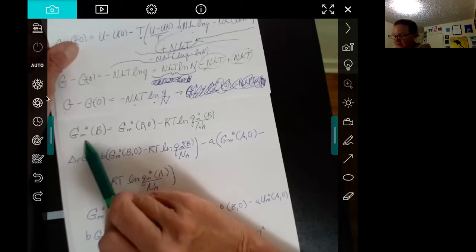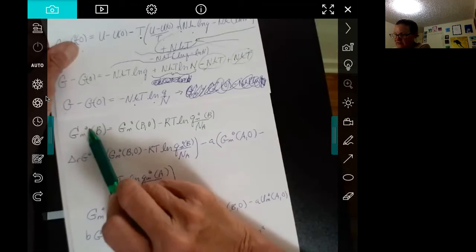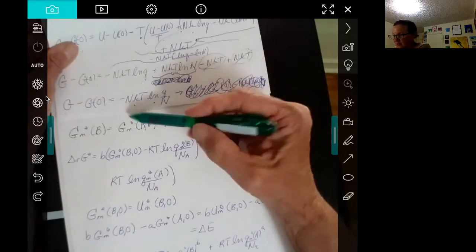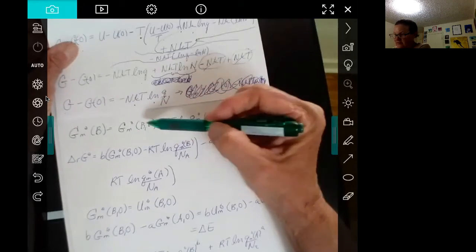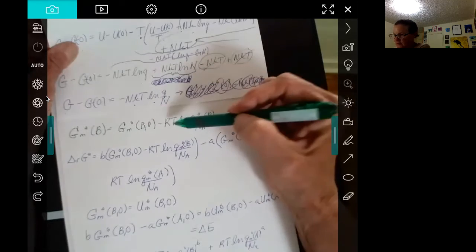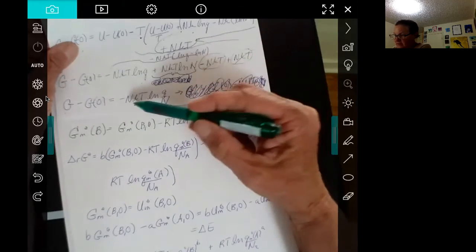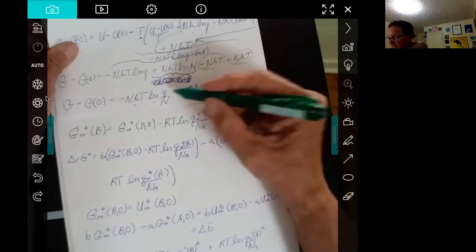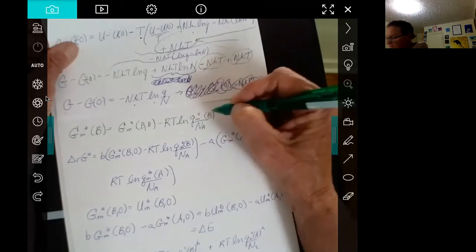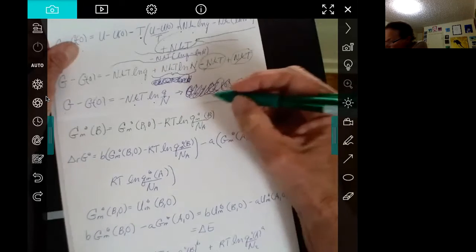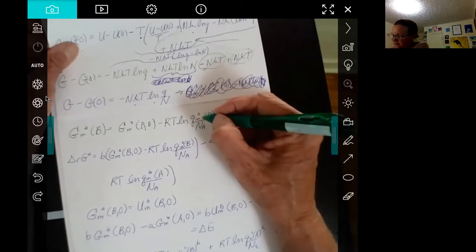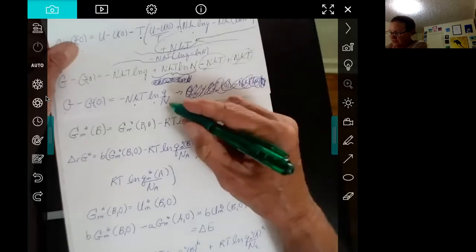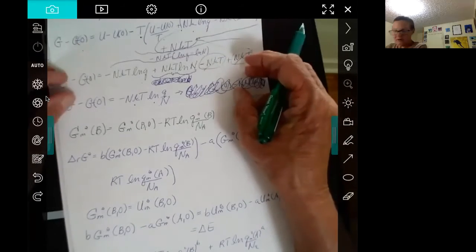So the Gibbs free energy standard state, if we take the zero point Gibbs free energy to this side, will be the molar standard state Gibbs free energy at absolute zero minus NKT, which is equal to RT, ln of the partition function, which is the molar partition function standard state for B divided by Avogadro's number, because we said we're talking about a mole.